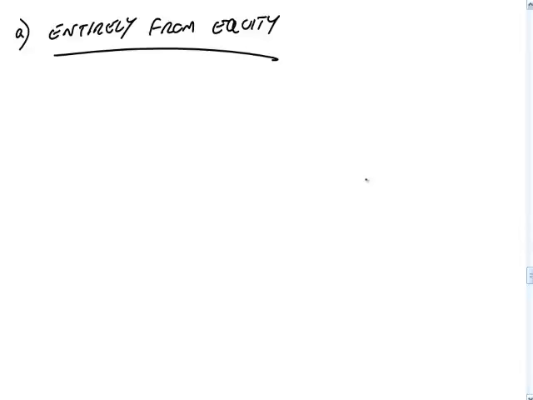But what we're thinking of doing is raising another, let's say 1 million. Let's say this new project is costing 1 million, all right? We're thinking of raising 1 million from shareholders and investing in the new project.